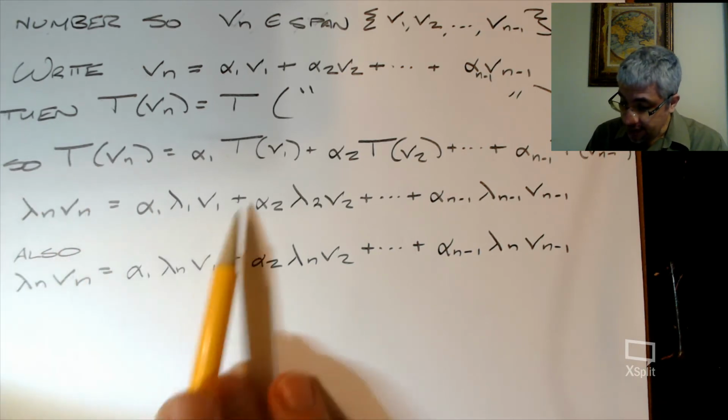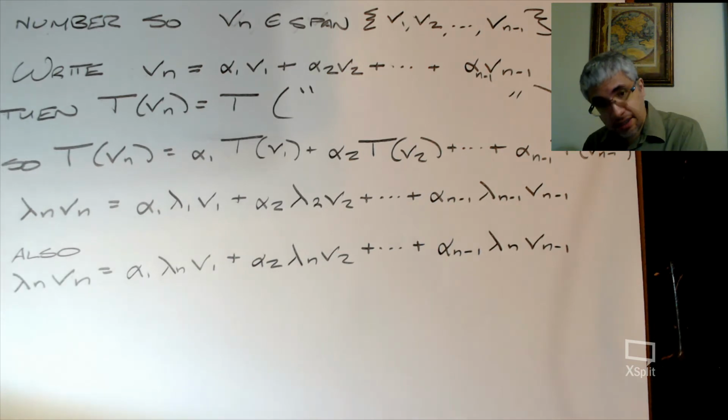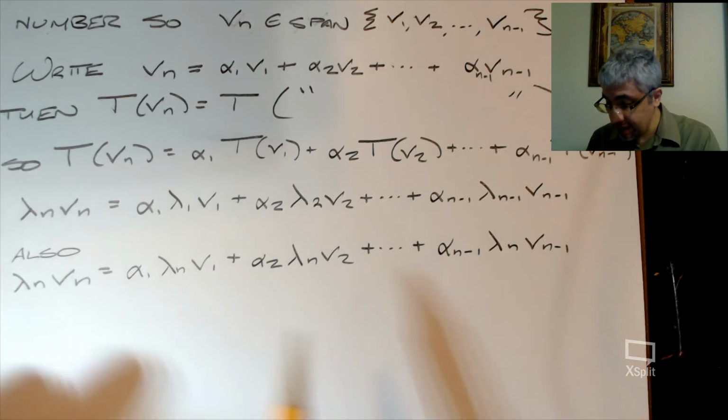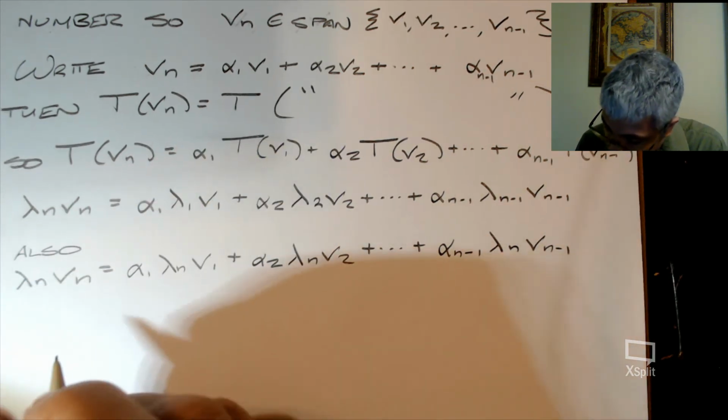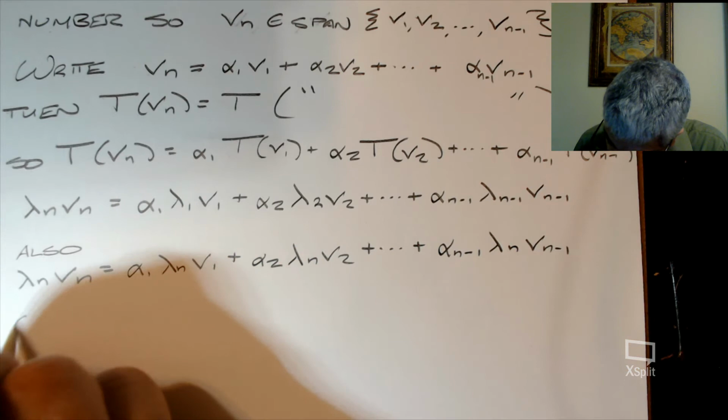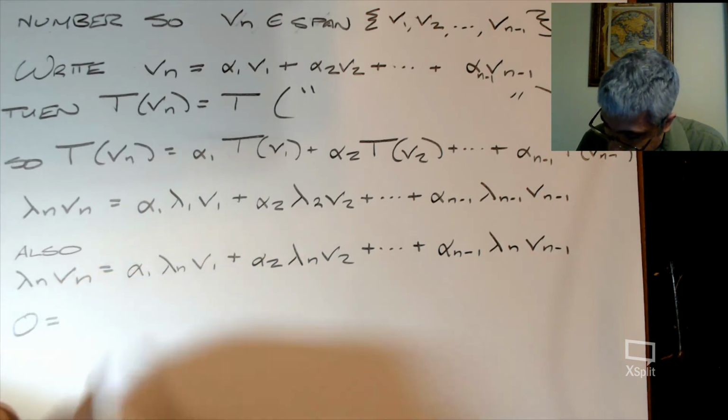Okay? So I could set this equal to this, or I could subtract everything to one side, or I could just subtract the equations and get this minus this equals this minus this. So I know that 0 happens to equal what?